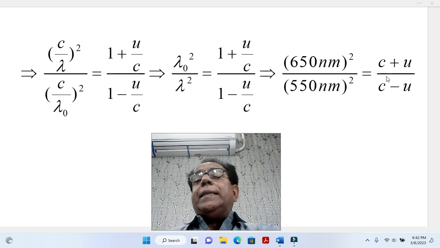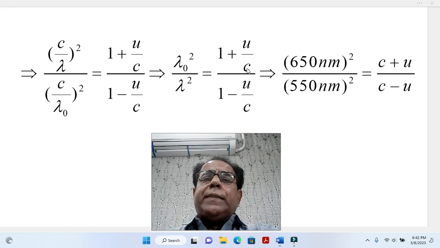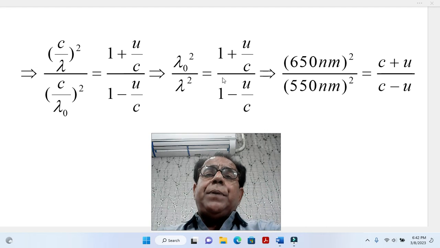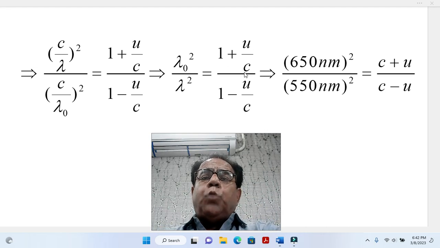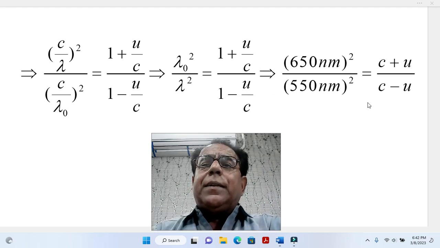In the next step, in c plus u over c minus u, this c will be cancelled out with this c. We will take LCM: here it will become c plus u over c, here c minus u over c, and in the next step c plus u over c multiplied by c over c minus u, and c will be cancelled out.